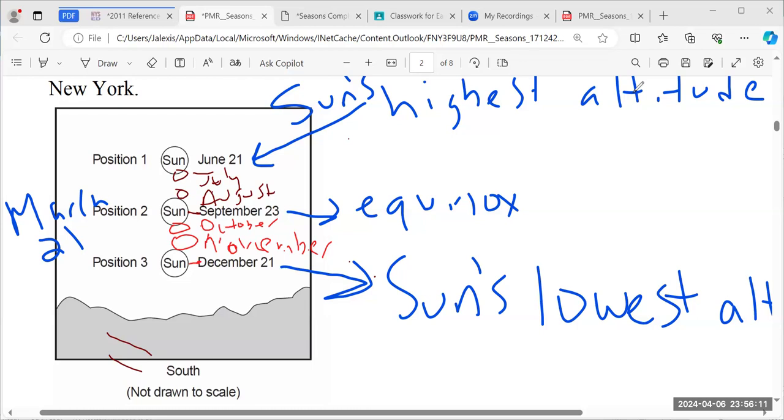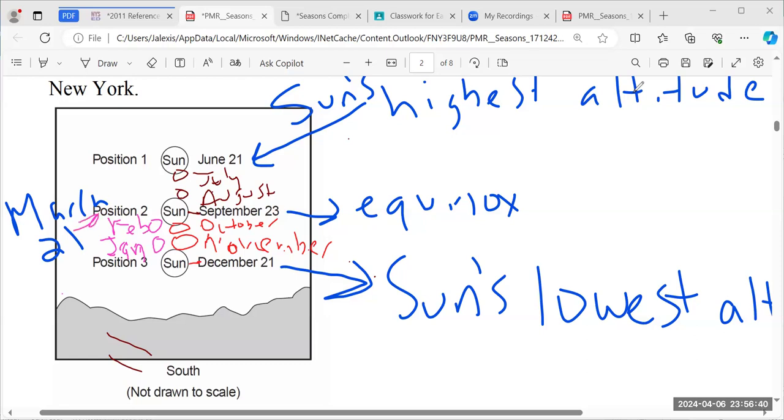So where is the sun going to be in January? Remember, December 21st is where the sun is at its lowest point, so at that point it goes back up again. That means the sun will be here in January, at this point in February, and position 2 is where March 21st is.